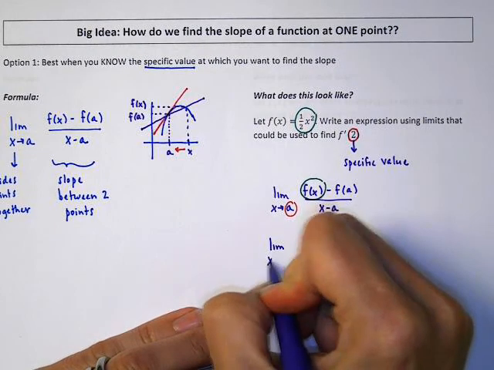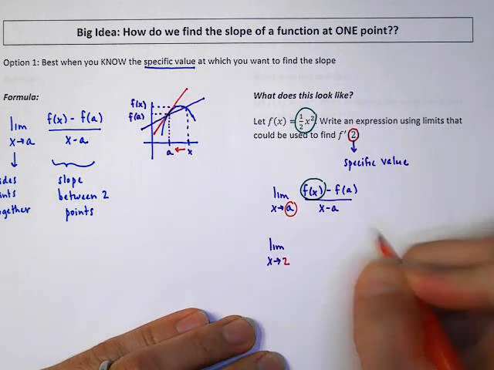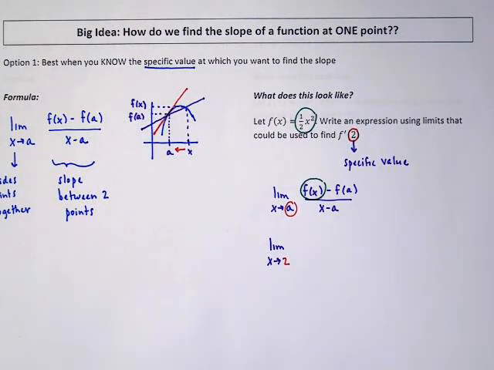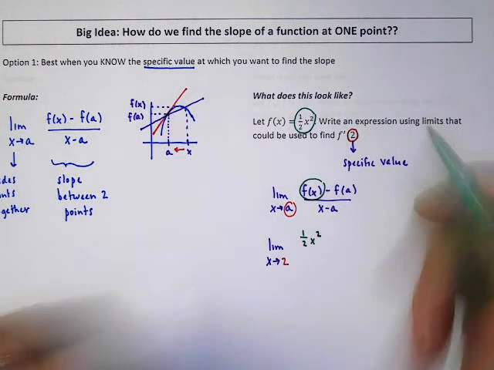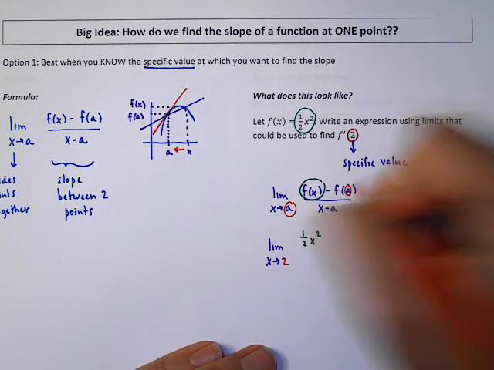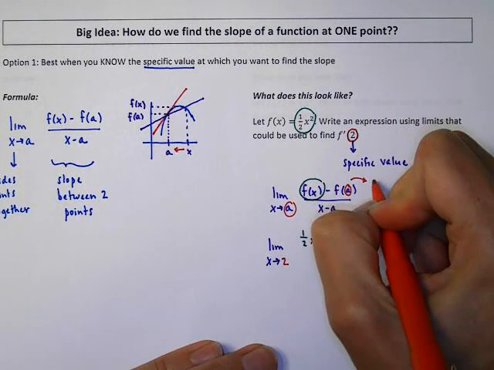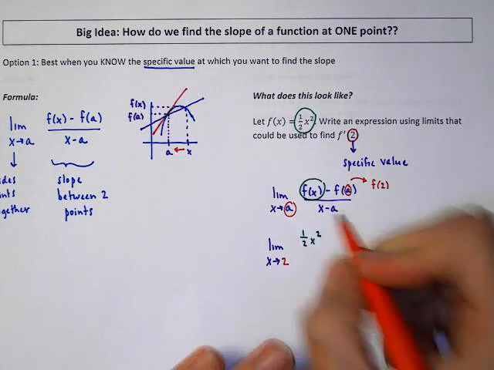Now if I make those substitutions, I've got the limit as x approaches, we said our a was 2, of our function 1/2 x squared. Now, again, we said this a was 2, so this is really equal to f of 2. So I'm going to plug in f of 2.